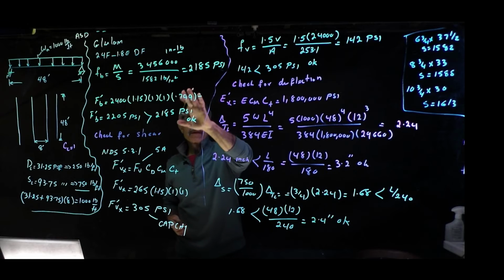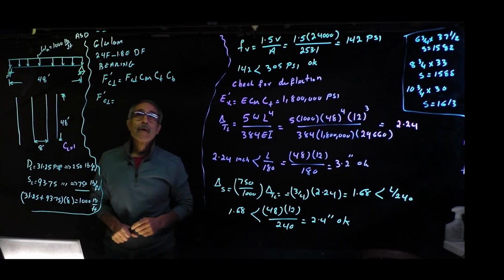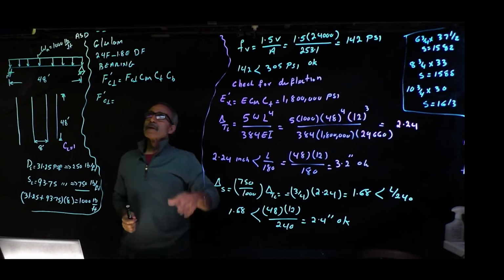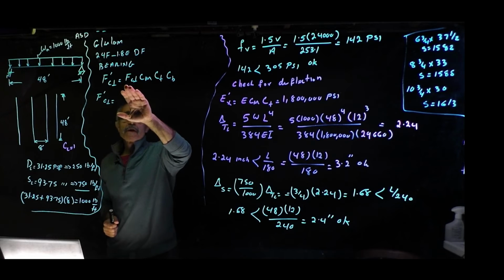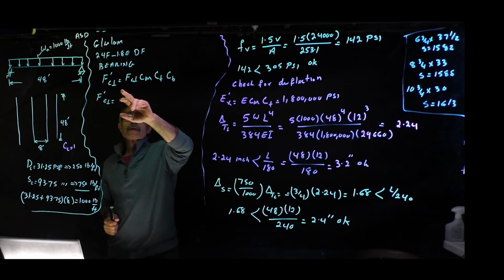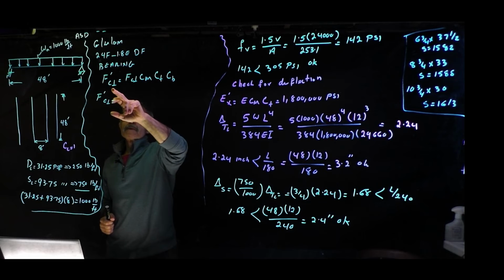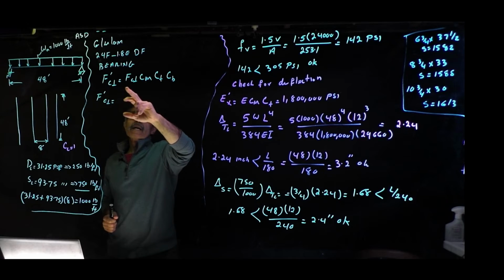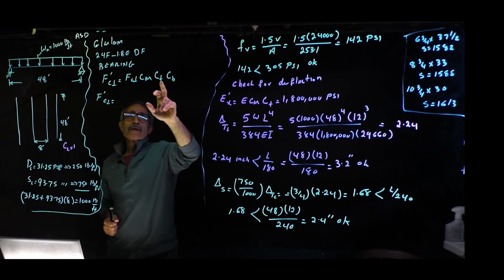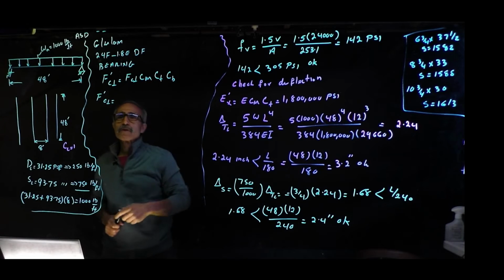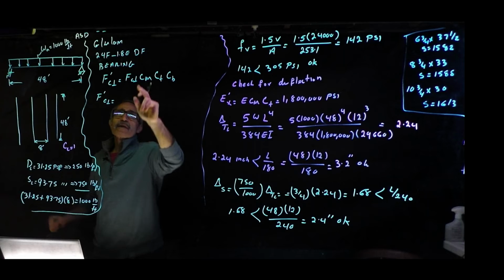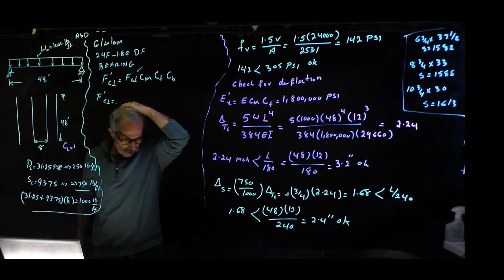I'm going to go ahead and erase this, and we do bearing. Okay, we're going to check for bearing. The bearing equation from 5.3.1, same table as this. F prime for compression perpendicular to the grain comes out to F_c-perp times C_M, C_t, C_b. All these are 1 because it's laterally supported, temperature and moisture. And this comes from a table, what was it?